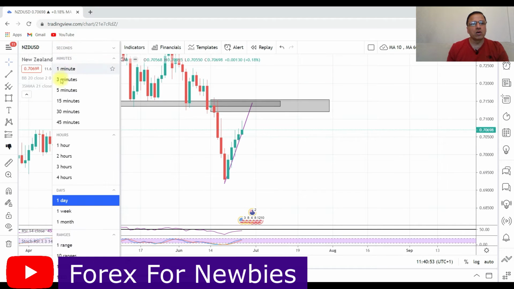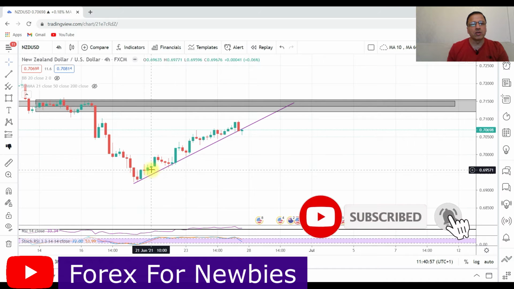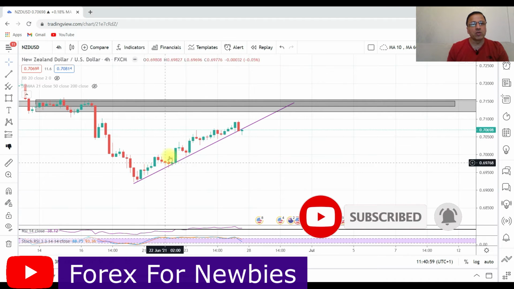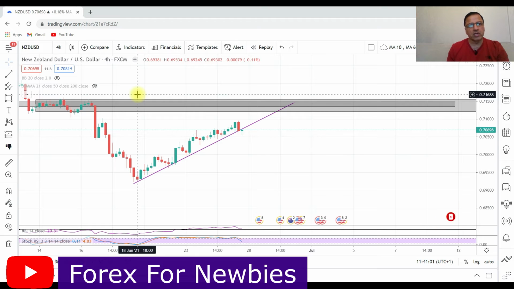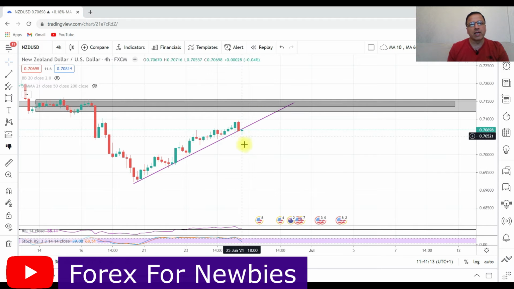If you go down to the 4-hour time frame, you can see that at the moment it's pulling back. Daily trend is down, and when it pulls back, on the 4-hour it is respecting this trend line upwards. So the chances are that it will retest this level and keep going down.